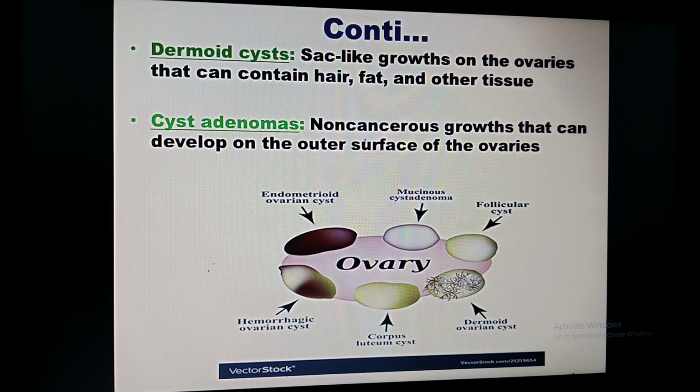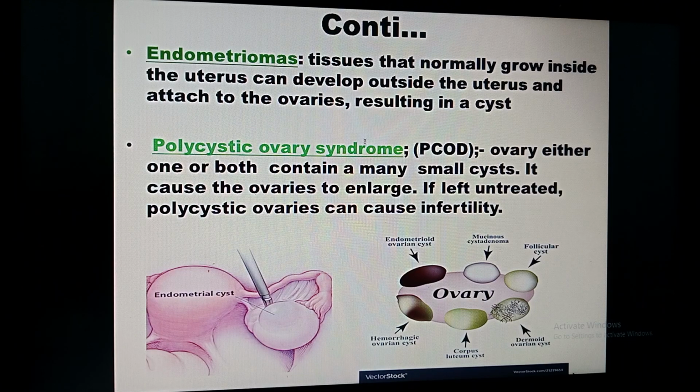Okay, the next one is cyst adenomas. It is a non-cancerous growth that can develop on the outer surface of the ovaries. See here. Some grow inside the ovary, some grow outside of the ovary, above the ovary. Now, endometriomas. What is endometriomas?